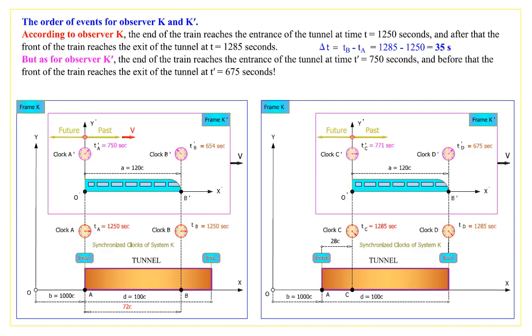But as for observer K', the end of the train reaches the entrance of the tunnel at time t' equals 750 seconds, and before that the front of the train reaches the exit of the tunnel at t' equals 675 seconds. And the time interval between the two events is delta t' equals negative 75 seconds. So how could these two events happen in different order for two observers?